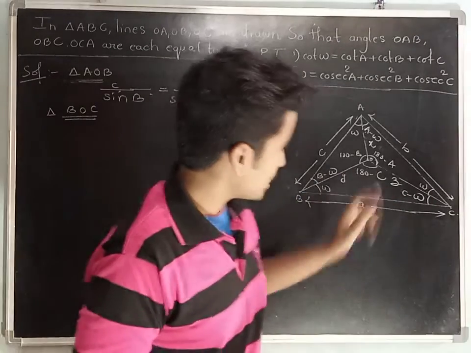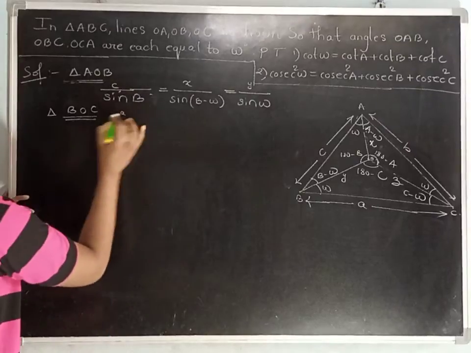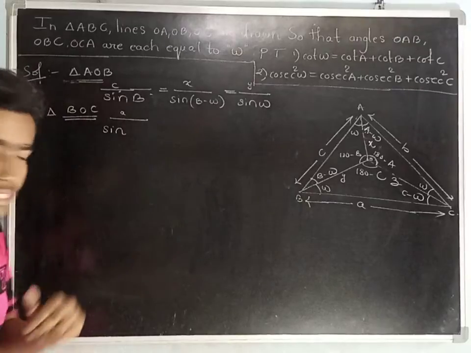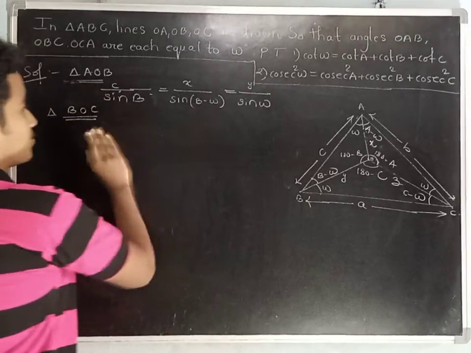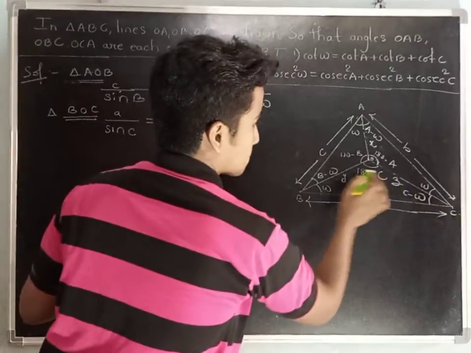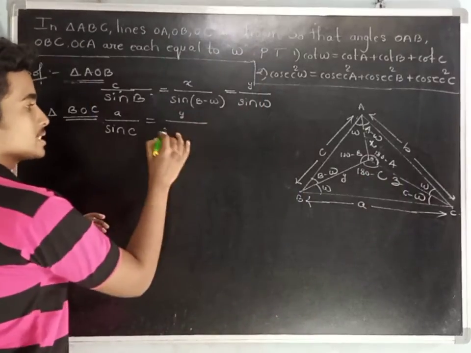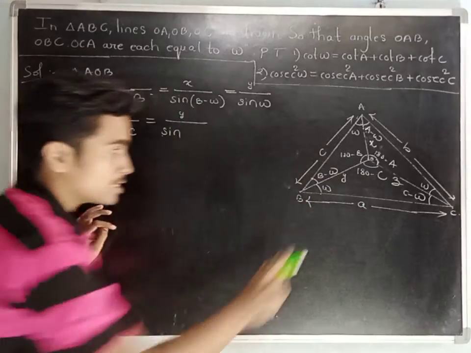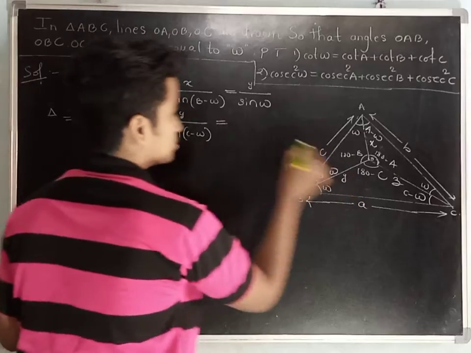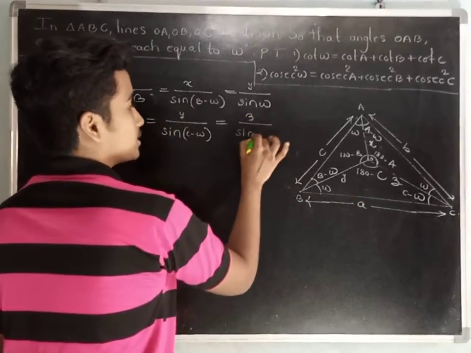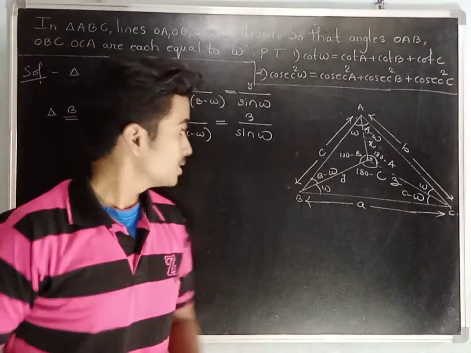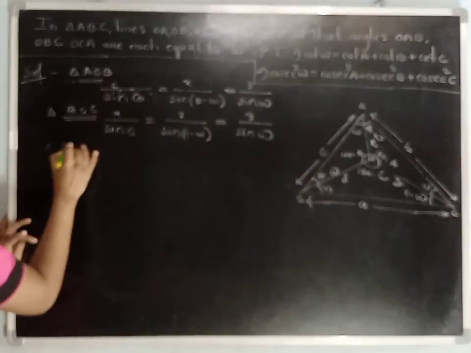Now, a by sine 180 minus C. Sine 180 minus C is nothing but sine C. a by sine C is equal to y by sine of the angle opposite to y, which is nothing but C minus omega, is equal to z by sine omega. z by the opposite angle, sine omega. Okay. Similarly, triangle COA.